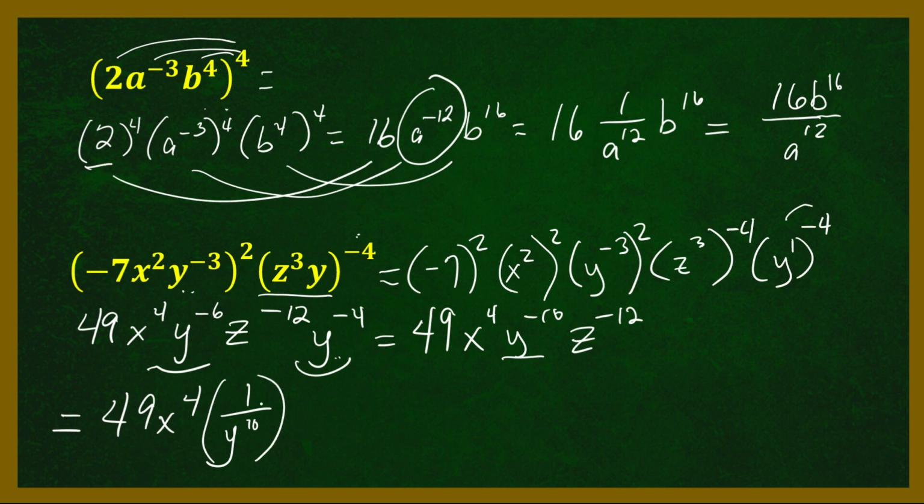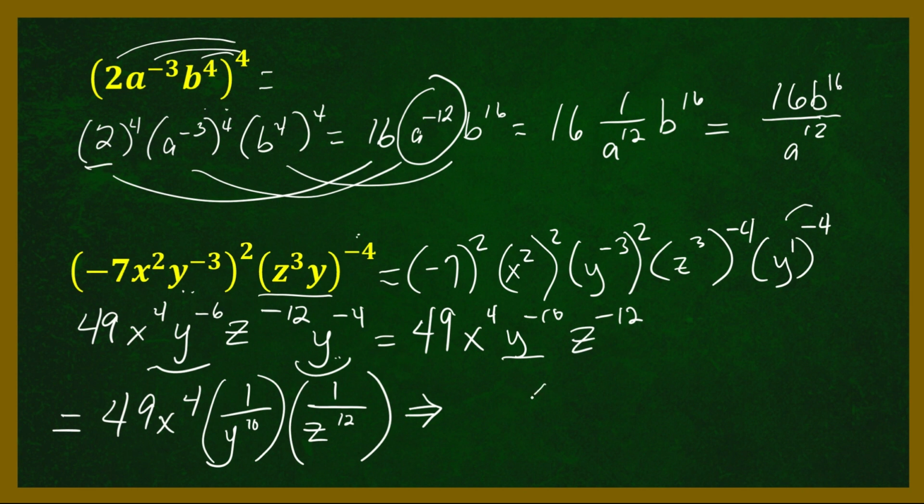So we have 1 over y to the 10th power, and for our z to the negative 12th power, the reciprocal of that is 1 over z to the 12th power. So now our final answer will be, now let's keep in mind we have numerators and denominators here.